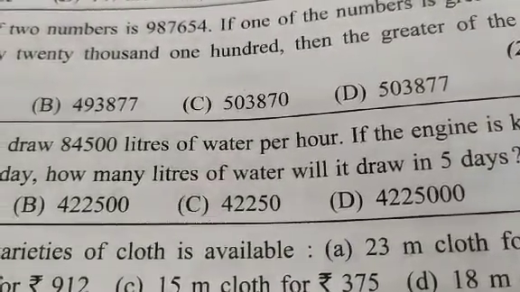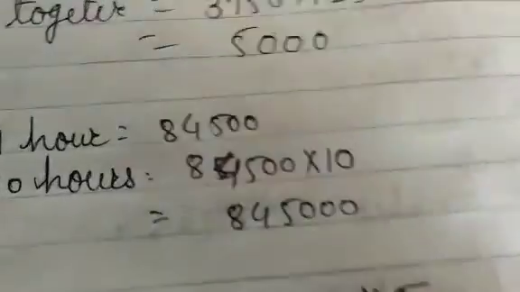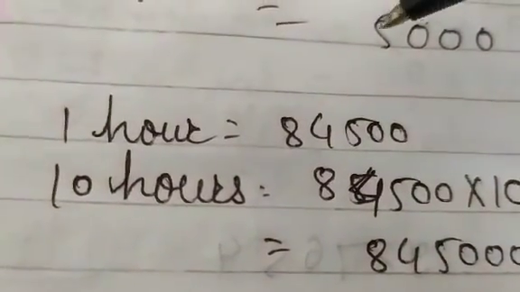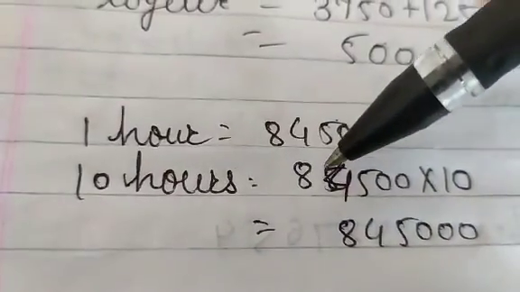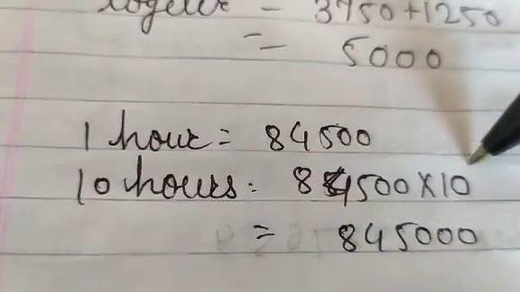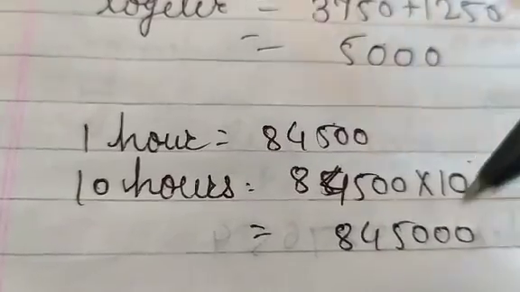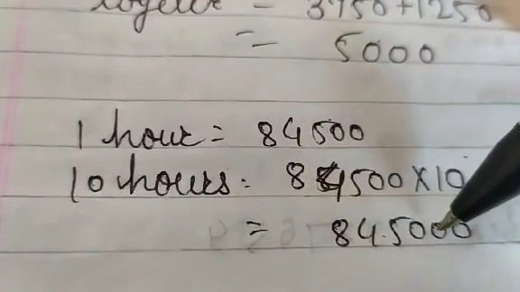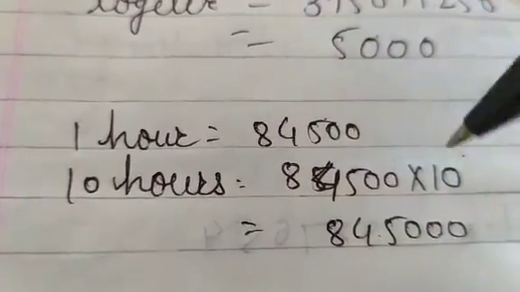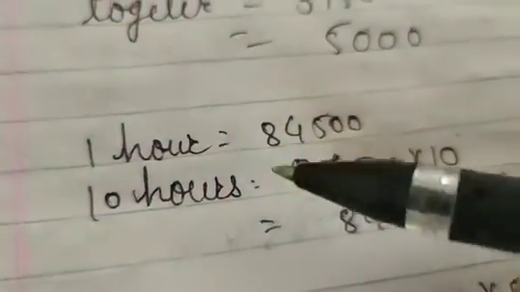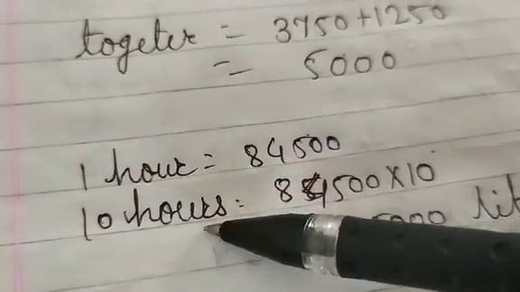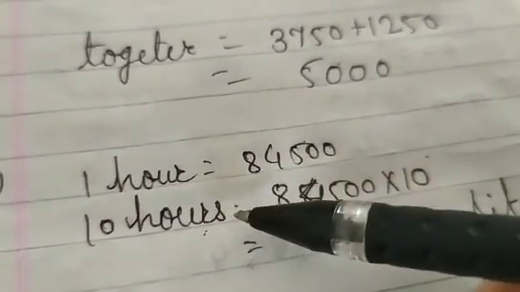So we see how to do this. For 1 hour, 84,500. Then for 10 hours, 84,500 into 10. It means 8,45,000 liters. This means the engine is on for 10 hours for 1 day.